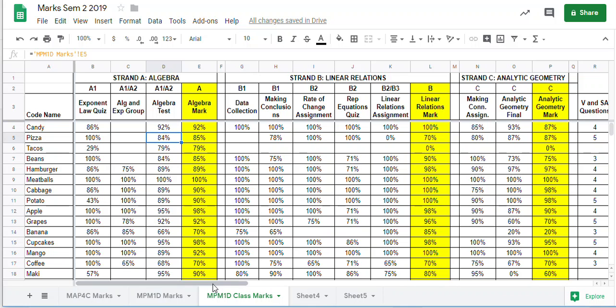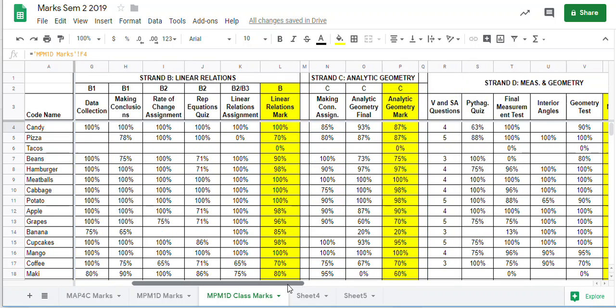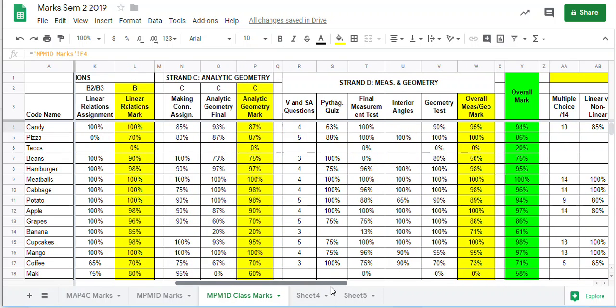I want you to get the best mark you can, but more importantly, I hope that you learned how to do algebra, linear relations, analytic geometry, measurement, and geometry, rather than just focused on marks. But I get it. So anyways, check the highlighted columns and make sure they're what you think you should be getting.